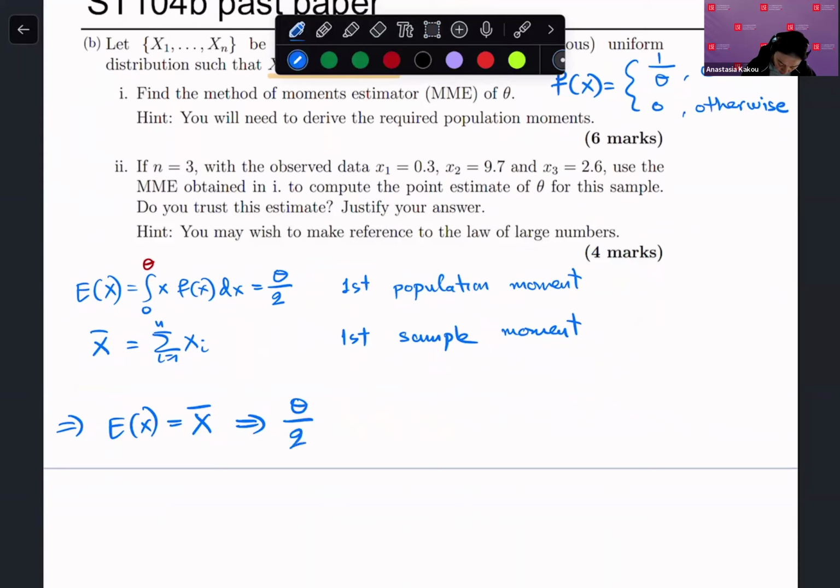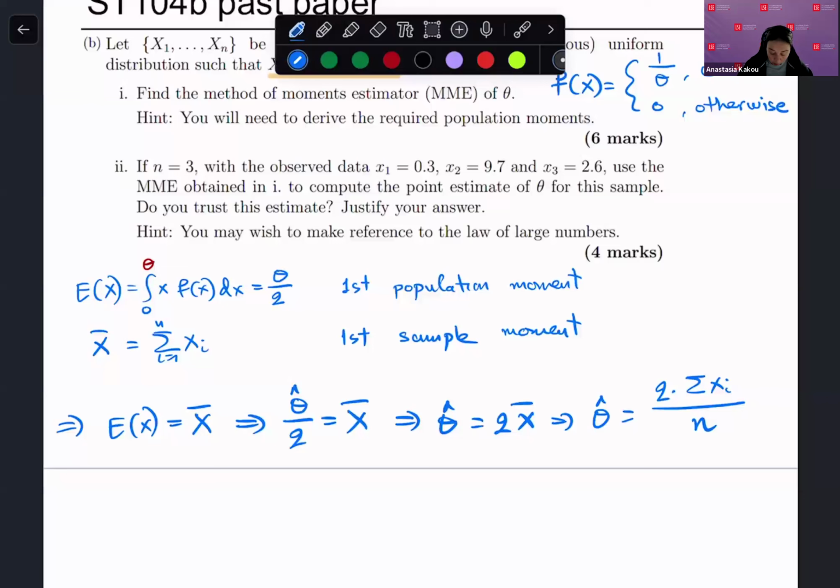Theta over 2 is equal to x bar. And so theta hat is, sorry, 2x bar. Which means theta hat equals 2 times the sum of xi's over n. So this is the method of moments estimator.